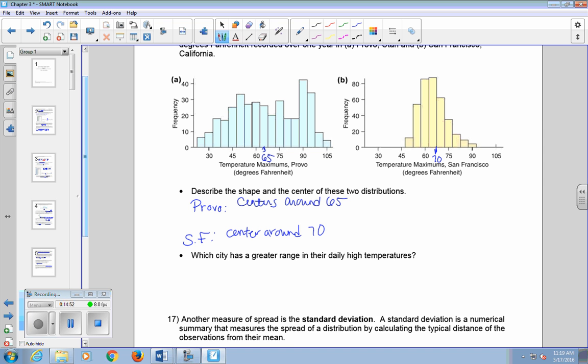The distribution shape, these are a little bit tougher. We might say that Provo is fairly symmetric. It's not symmetric, but it's not skewed either. And same for San Francisco, we might say it's fairly symmetric.